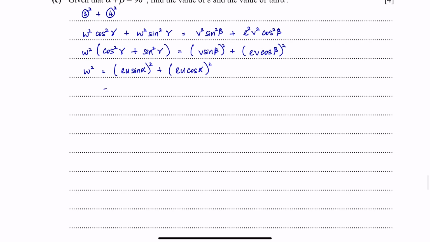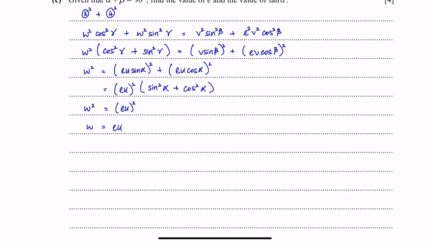So same thing, we factorize EU squared out. So we have sine squared alpha plus cos squared alpha, and this is equal to 1. So W squared equals EU squared. So W equals EU.